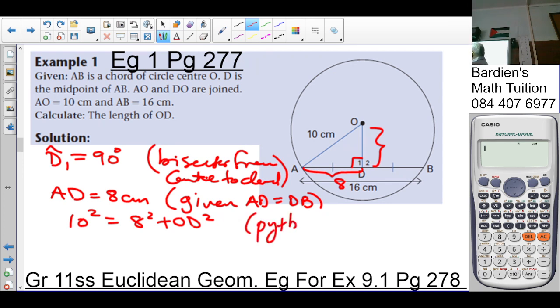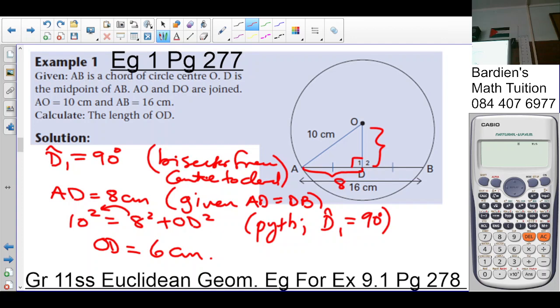Pythagoras, with angle D1 equals 90 degrees. Can you see that, people? So now how do we get OD on its own? Take that over. So OD squared is equal to 100 minus 64, which is 36. The square root of 36? 6 centimeters. Can you see that, people?